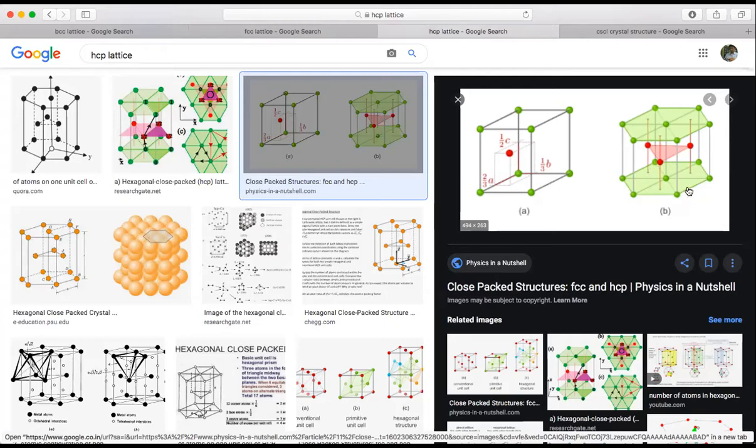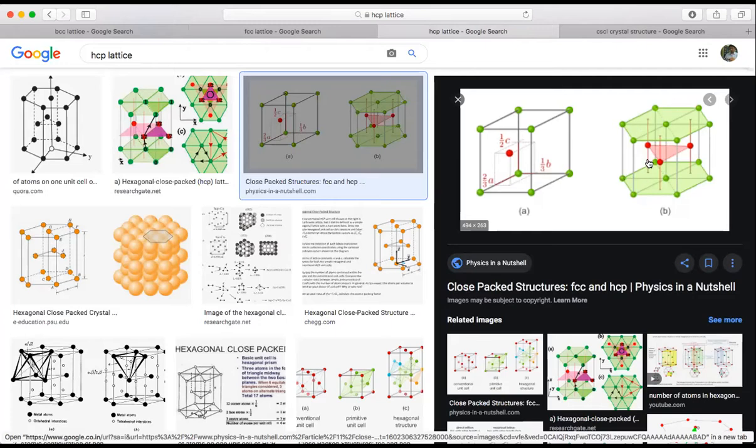So out of these 6 triangles, 3 of them have atoms above them. Basically, when you repeat this plane, you will again have a hexagonal lattice exactly like this, but it is displaced by this amount in the XY plane. So this is what is called a hexagonal close packed lattice.